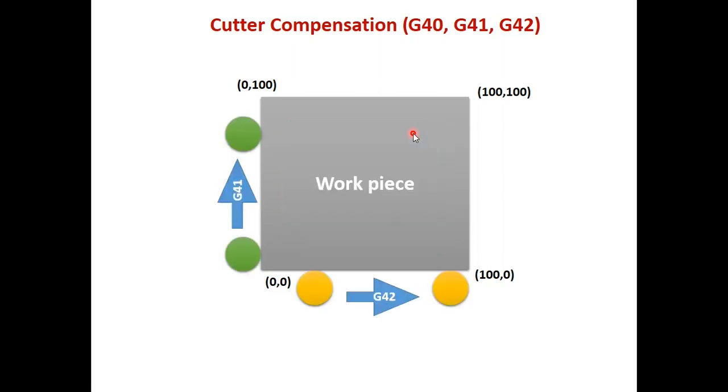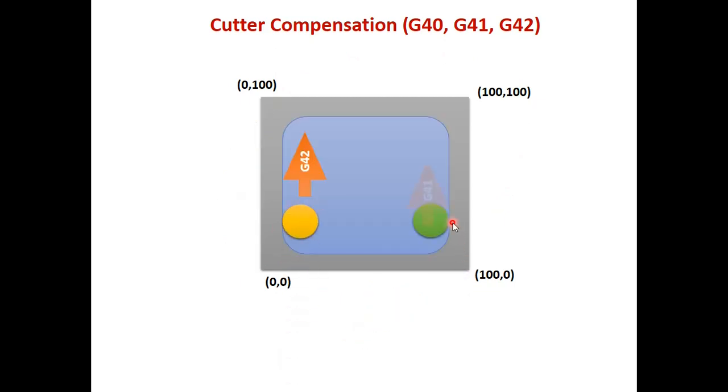So when I'm doing any outer part, it is G41 clockwise and G42 anti-clockwise. But when I'm doing the inner part, it is completely reversed. So the simple thing you have to remember is to see from the back side of the tool.